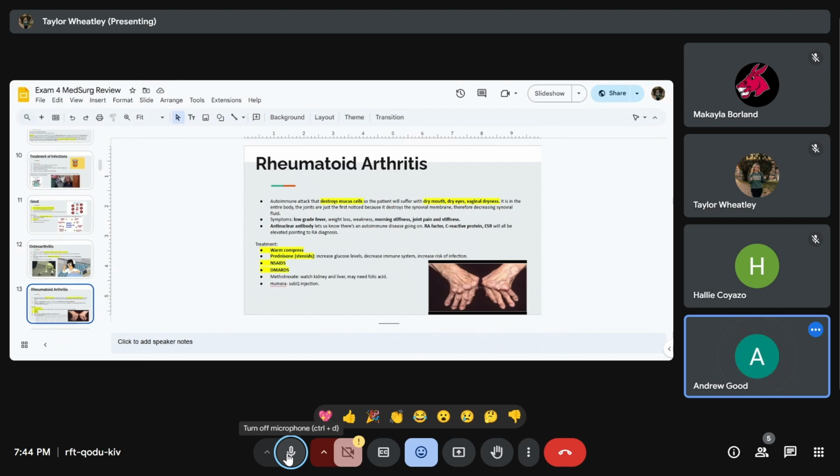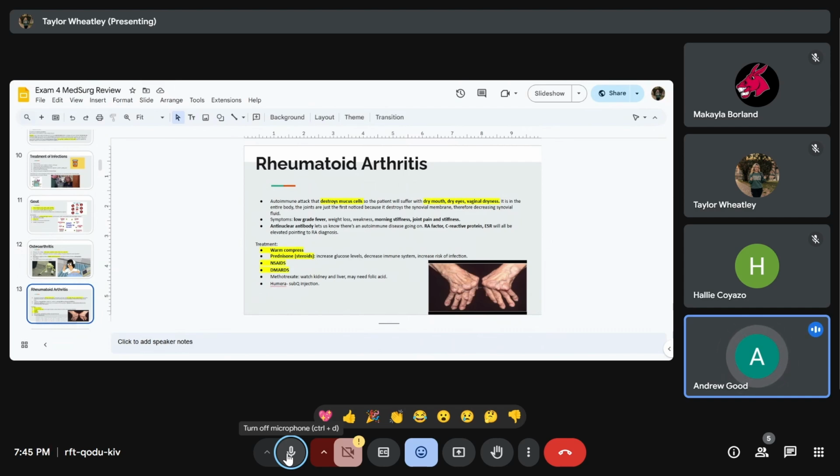So something to take note of: low-grade fever, morning stiffness, joint pain, joint stiffness, weakness or poor movement. You'll probably get a question which states all of these symptoms, and they may throw in some elevated labs, which you'll see on the next slide.